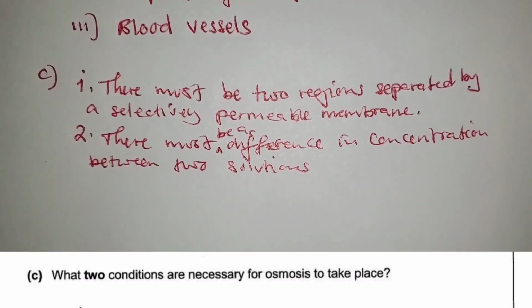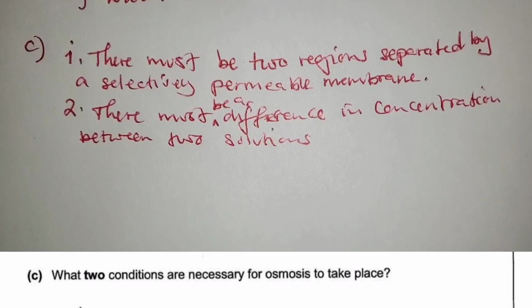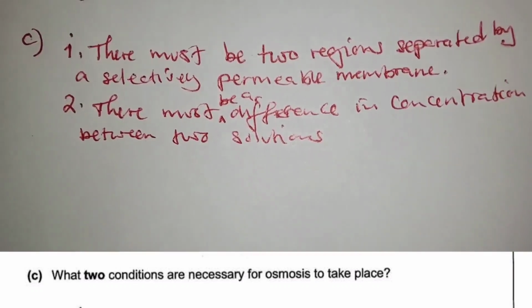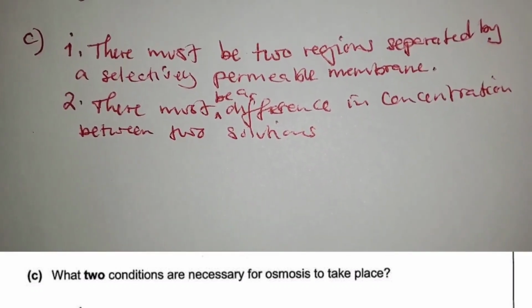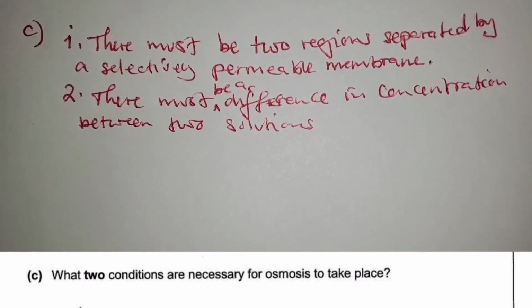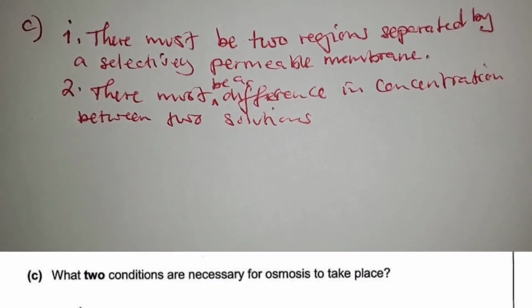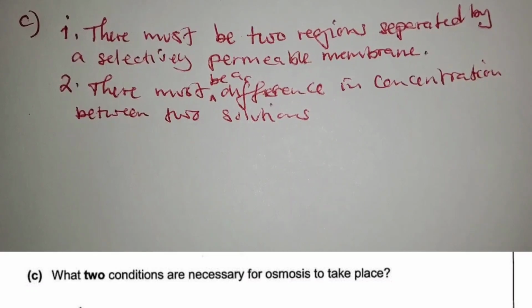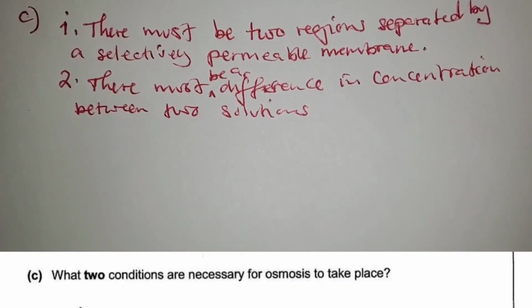Okay, so these are the two conditions. Number one, there must be two regions separated by a selectively permeable membrane. Number two, there must be a difference in concentration between two solutions.